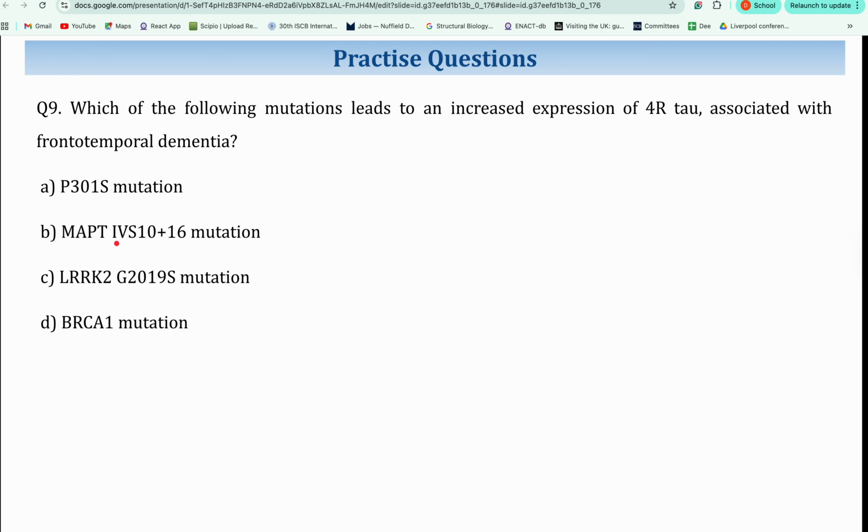Option B, MAPT IVS 10 plus 16 mutation. Option C, LRRK2 G2019S mutation, and option D is BRCA1 mutation. So what do you think would be the right answer? I'll give you some time to think and then we'll discuss.